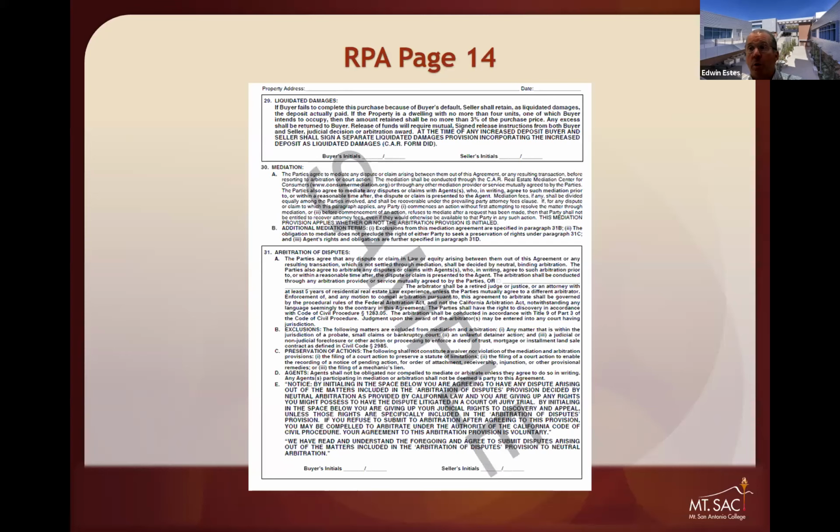Okay, so this is really cool. I really like what they've done with paragraph 14, because a lot of people think that mediation and arbitration are the same and together. They're not. Mediation is sitting down with a mediator and the other side to try to reach a compromise.